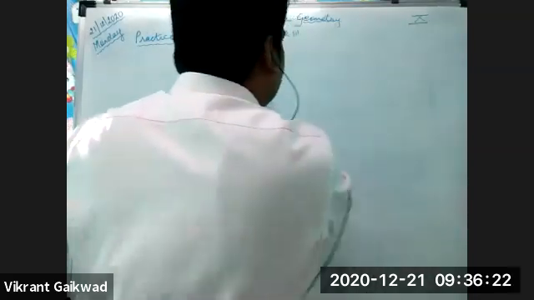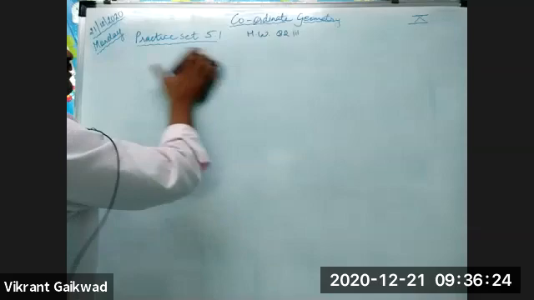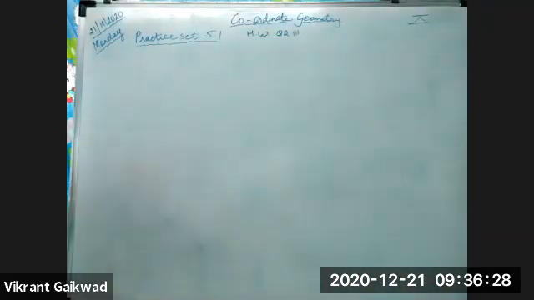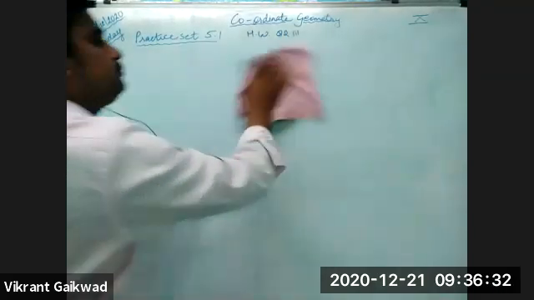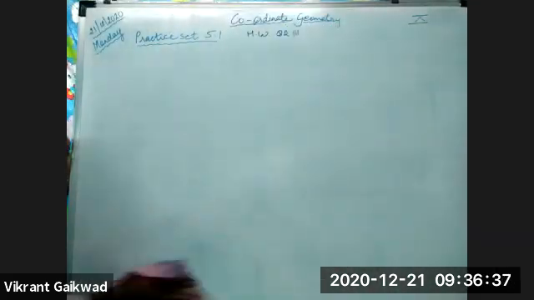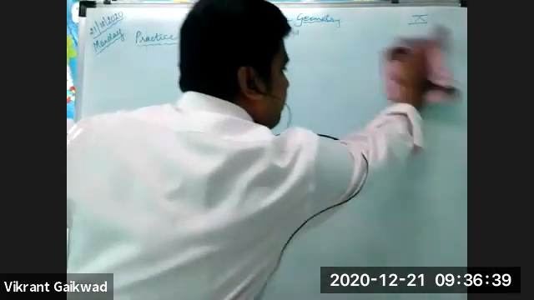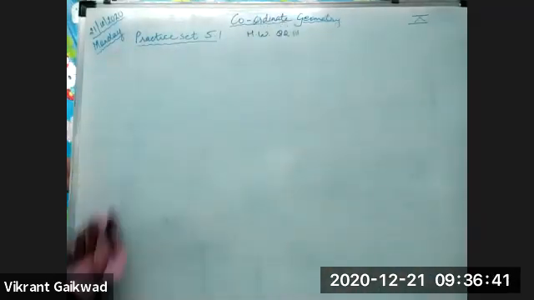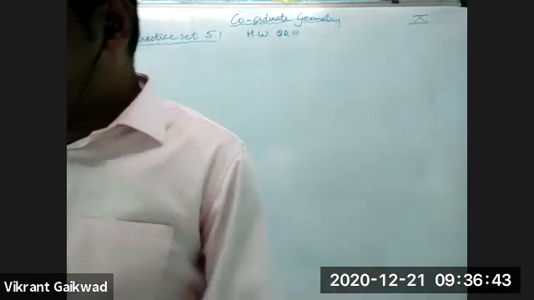The theorem is the Pythagoras theorem. So that theorem we are going to apply here. Again, the same thing: the square of the largest side should be equal to the sum of the squares of the two smaller sides.